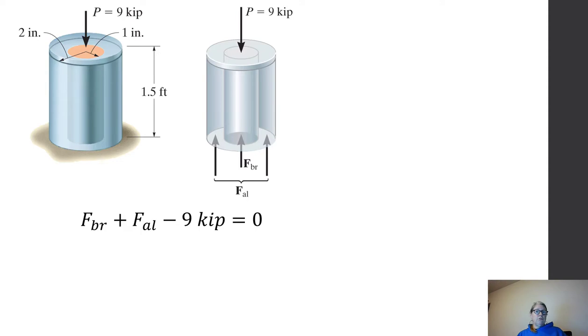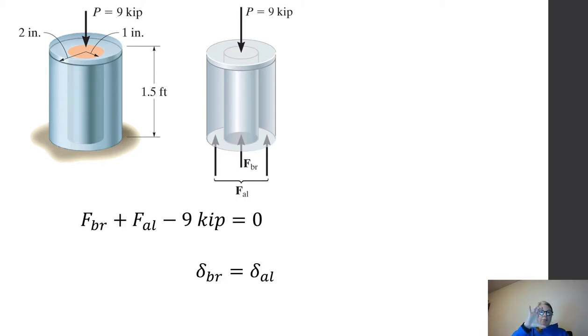What do I know about the deformation? What kind of deformation is this going to be? If it's composite behavior, the delta of the brass has to equal the delta of the aluminum. And what is delta? Delta is force times length over AE.